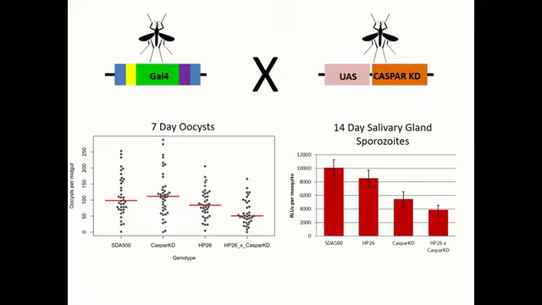So when we were looking at the sporozoite invasion of the salivary gland, that was our kicker, because originally we thought, all right, the hemocytes have to stop the sporozoites from getting to the salivary gland somehow. So we were going to look at the sporozoites in the actual salivary gland, and what we see is a pretty dramatic reduction of the total sporozoites in the salivary gland in comparison of our cross and the wild type.